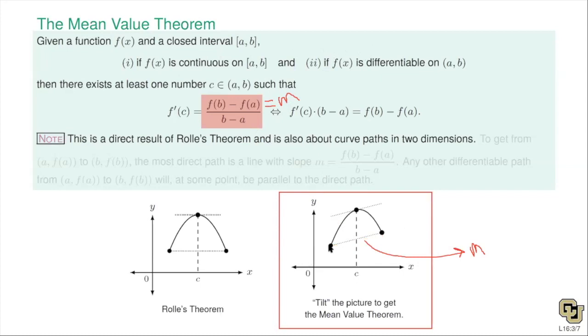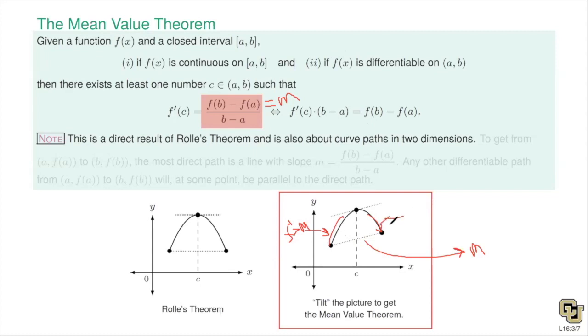In the picture here, I've started by going above the direct path. So what does that mean? Right here, the slope is greater than m. It's steeper than the direct path. But if I eventually want to get back down, after going up above the direct path, I'm going to have to come back down.